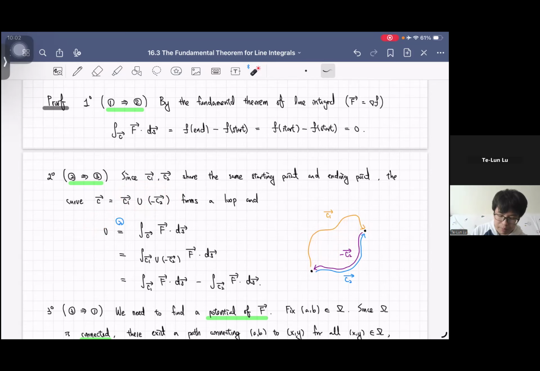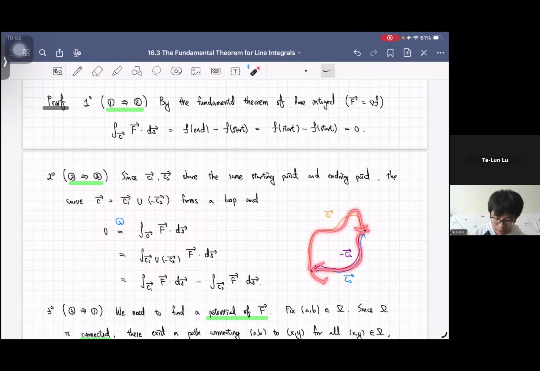So we know that by property 2, any integral over a closed simple curve is 0, right? That is the assumption of property 2. And C itself is simply C1 union minus C2, right? And by the property of line integration, if you're integrating over several pieces, then you're simply doing it along this plus something along this, right?